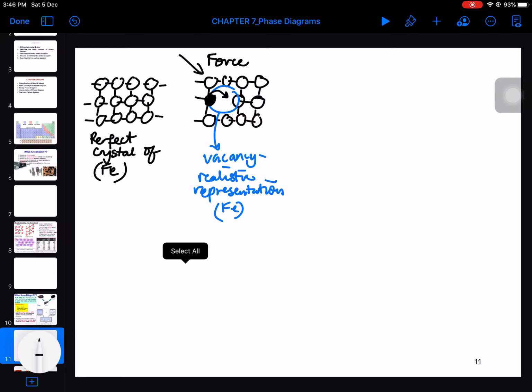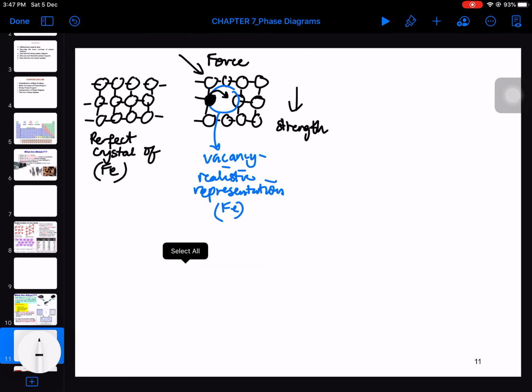If we keep on continuously supplying the force, other atoms from the vicinity will eventually fill in the new gap, and so on. Because of these movements of atoms within the crystal structure, it will somehow reduce the strength of the iron. So the strength is actually decreased.